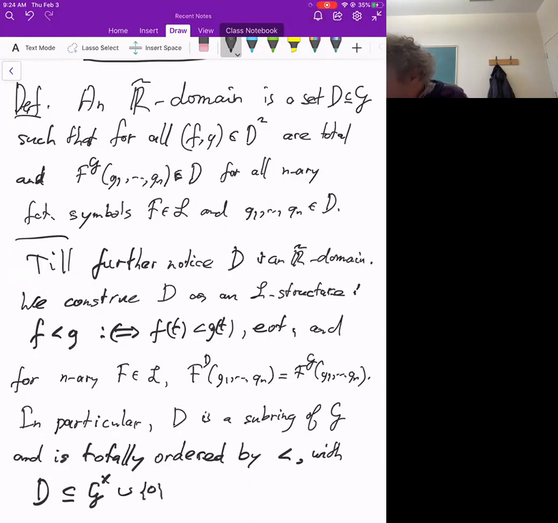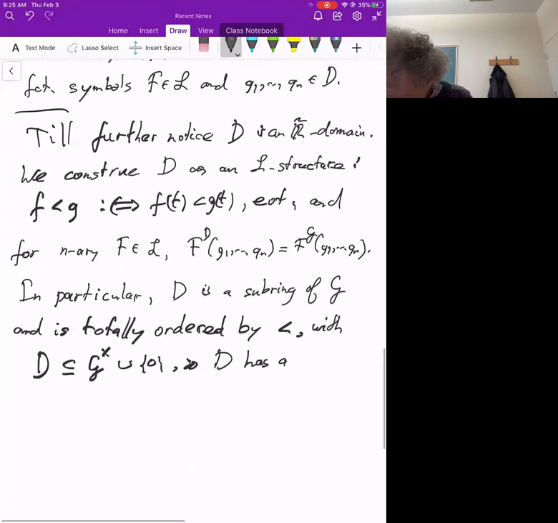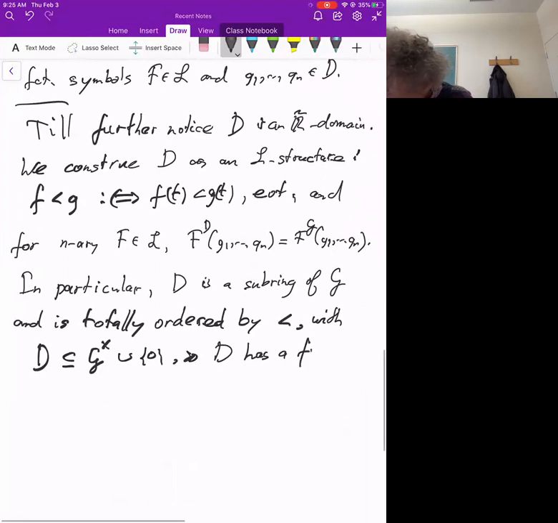And that means that you have a fraction field inside G. So D has a fraction field, Frac D, which you can take now as a subring of G.